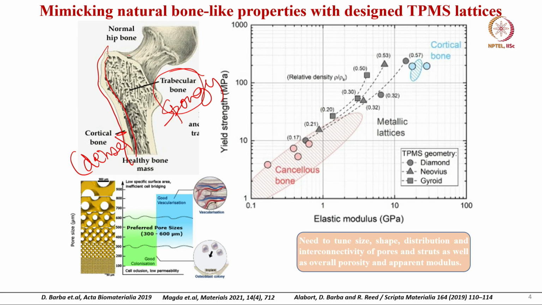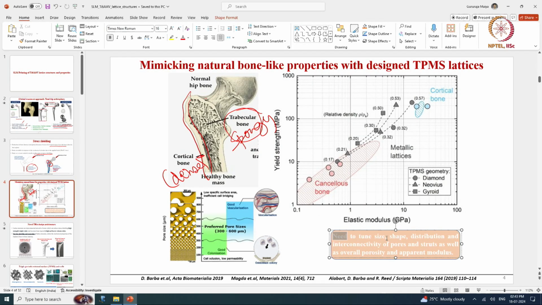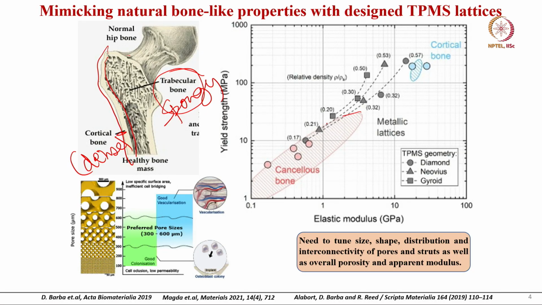Now, if you look at this yield strength versus elastic modulus plot, you have seen these things in our description on mechanical properties of materials. This particular plot essentially distinguishes the cancellous bone properties, that is the spongy bone properties, and cortical bone properties.